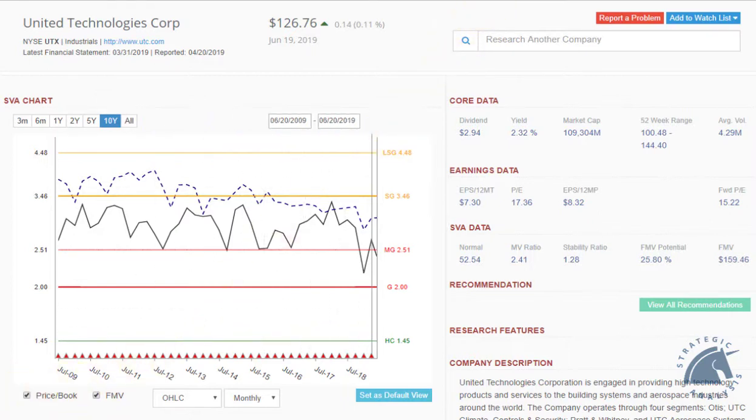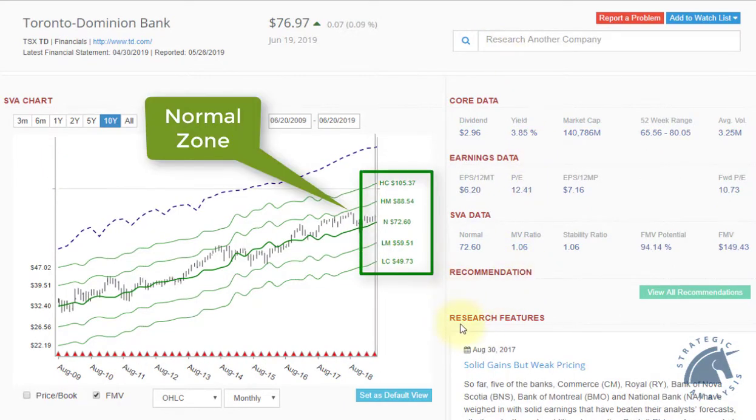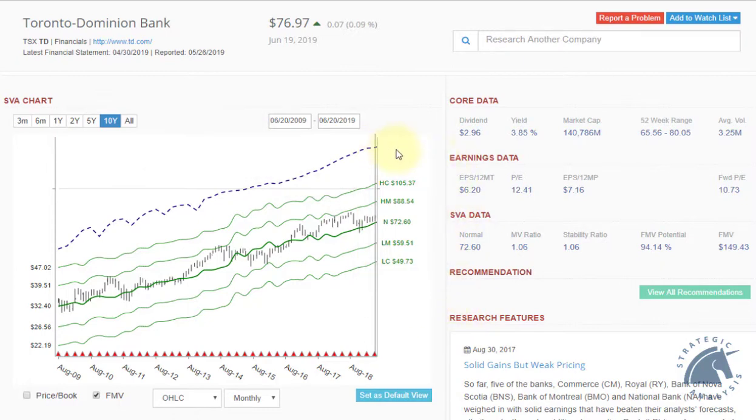Let me now switch to what we call the normal zone. And the normal zone is bounded by the blue price on the bottom, as we will see in a moment, and the growth price on the top. The banks, the Canadian banks in particular, are terrific examples of companies that have traded here forever. And look at the TD Bank.